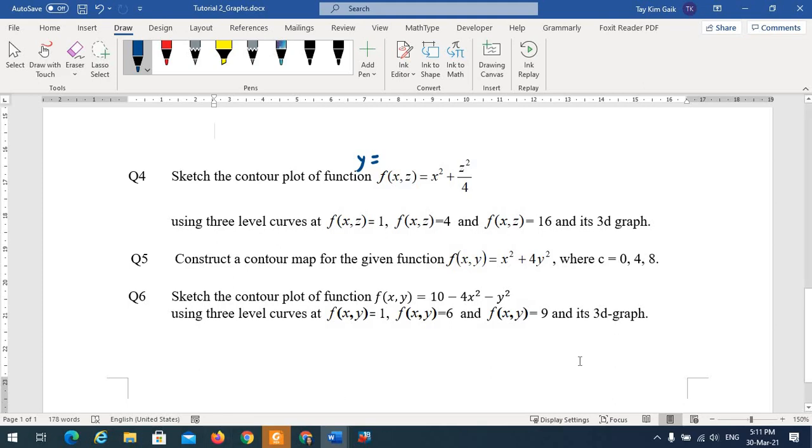Yesterday, we started from the first type, the paraboloid, z equals x squared plus y squared. This one is a paraboloid.